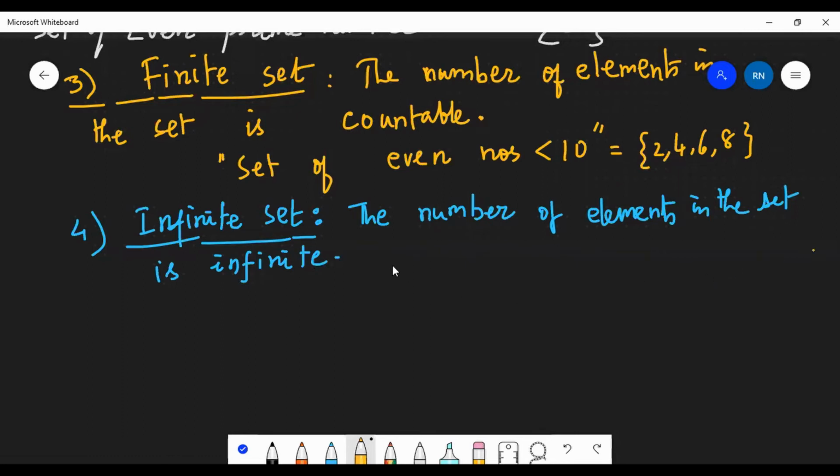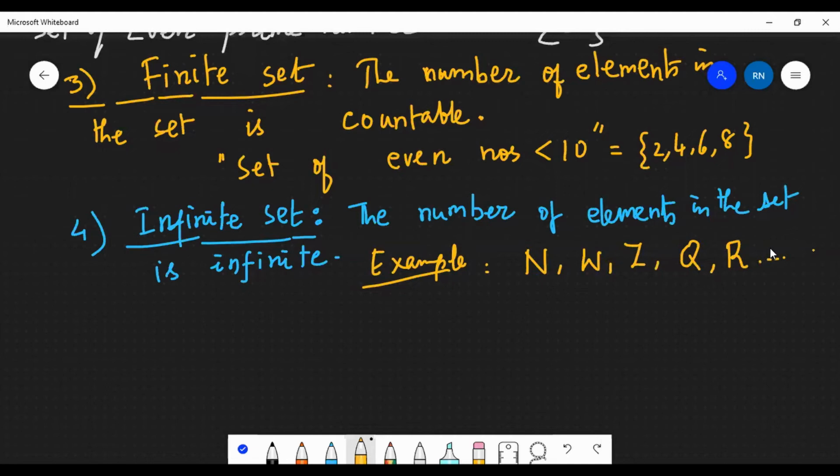Start answering some questions. The number of elements in the set is infinite. I can give example. Many examples I can give. Yeah, the set of natural numbers. I can put simple set of whole numbers, set Z, set of rational numbers, real numbers, all that.